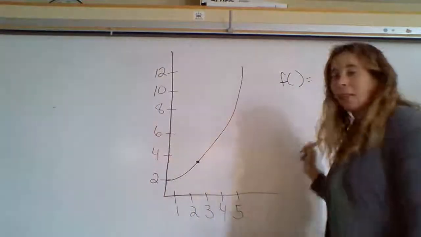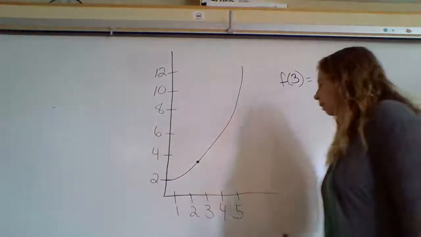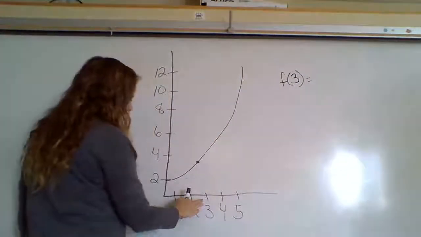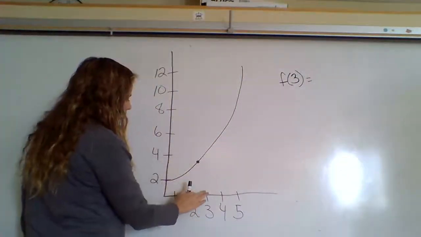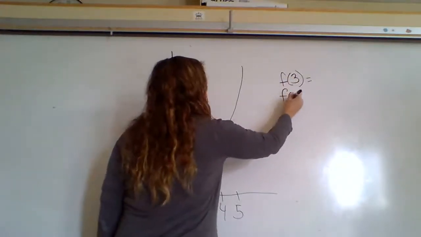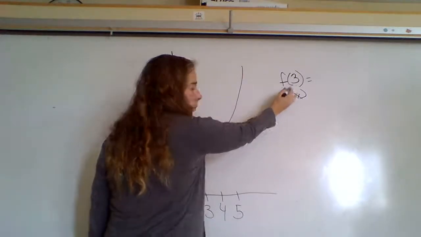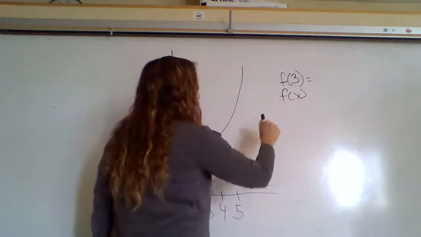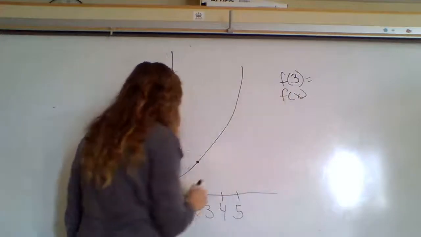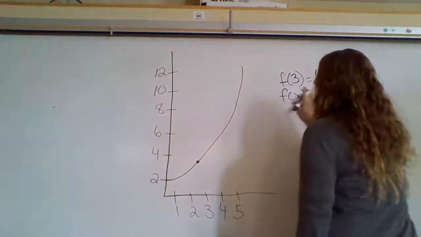Instead of f of 1, we're going to do f of 3. Okay? So when x equals 3, y is 4. If it's inside the parentheses, see how it replaces the x? So that means that x is equal to 3. What's y? 4. All right, so you're just looking at the graph.